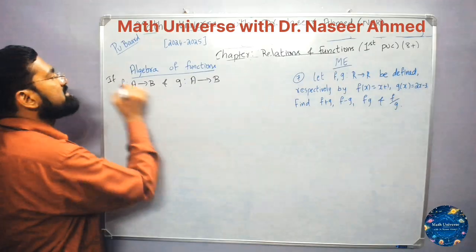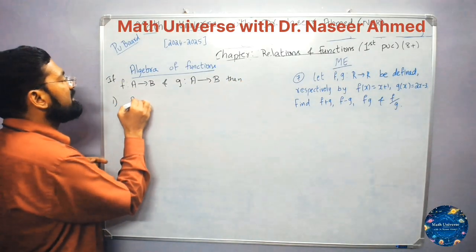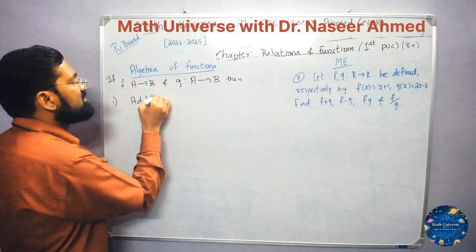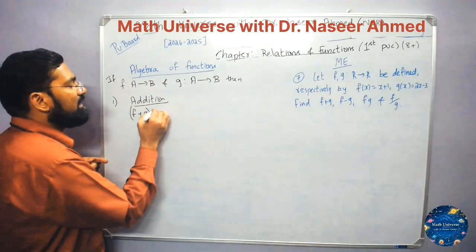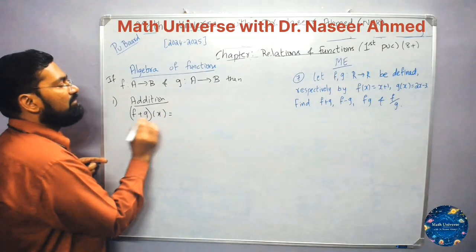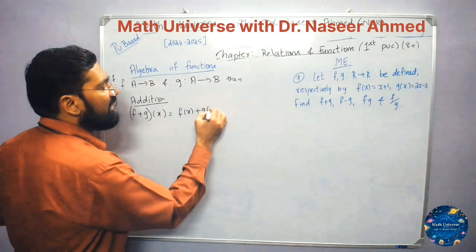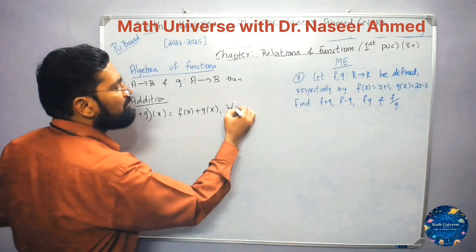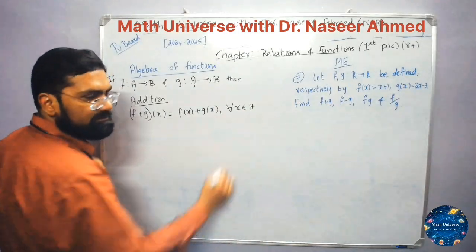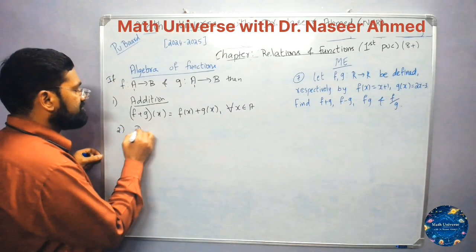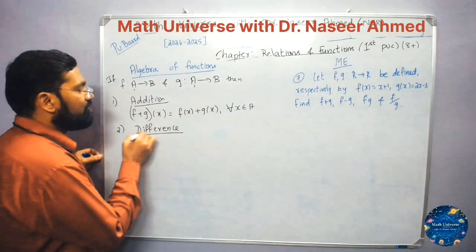If this happens, then first one, addition for this is given by f plus g, the element x. This element will be operated on both. So f of x plus g of x. This is true for all the elements x belonging to domain. Domain, as you can see, is A. Next, difference of 2.